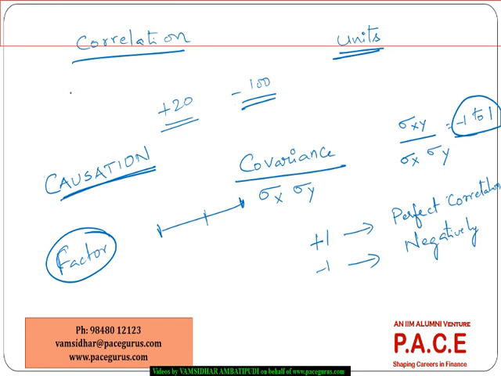And in case two variables are uncorrelated, we'll see that the correlation coefficient is 0. But if the correlation coefficient is 0, it doesn't mean that they are unrelated, because correlation typically measures the level of linear relationship between the variables.